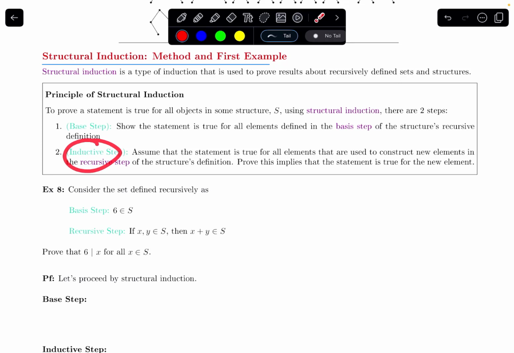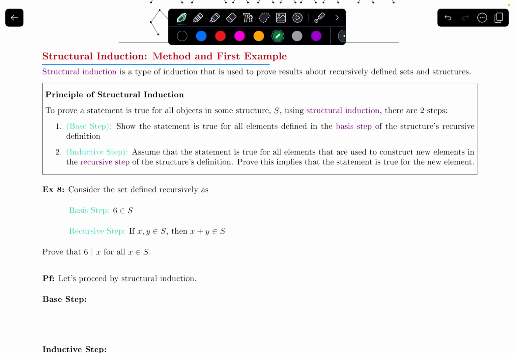In the inductive step, we assume that the statement that we're trying to prove is true for all the elements that are used to construct new ones in the recursive step of the structure's definition. And then, based on that assumption, we prove that it implies the statement is true for the new element. So what does that mean?